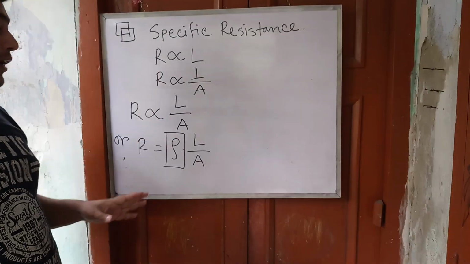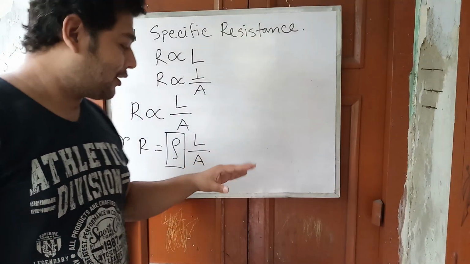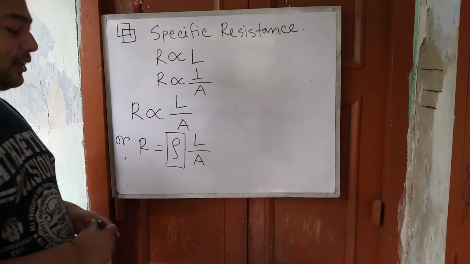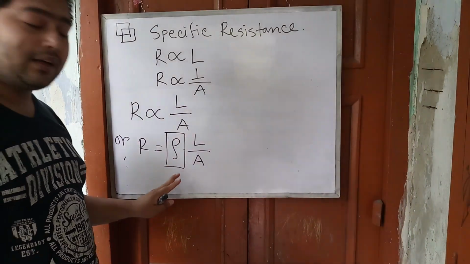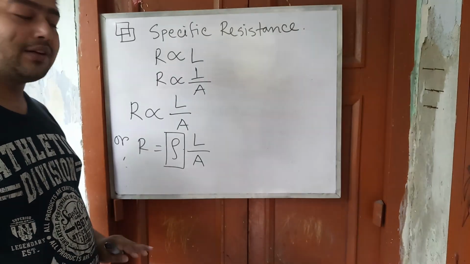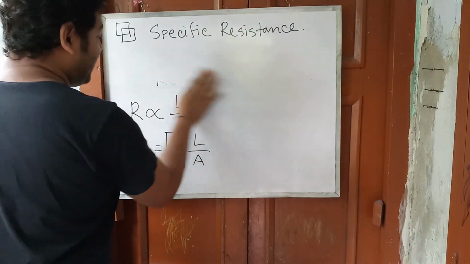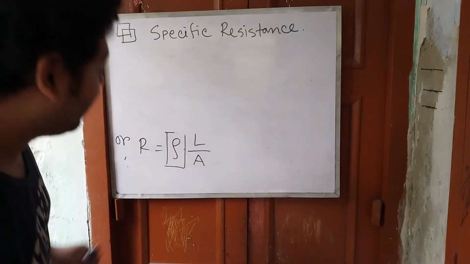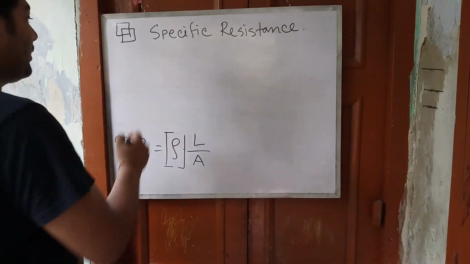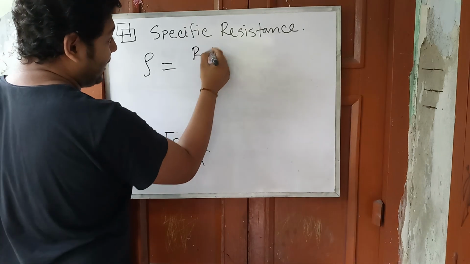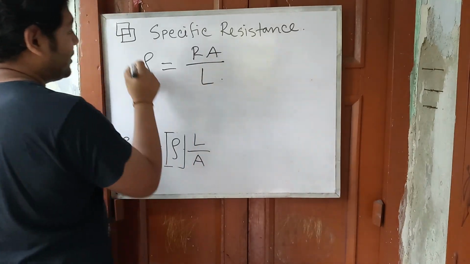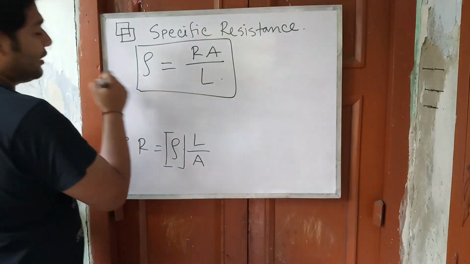Now we will define the specific resistance according to this equation. Let's see how we can define the specific resistance. We get R equal to rho L by A. Then we can write for specific resistance rho equal to R A by L. This is the formula for specific resistance.